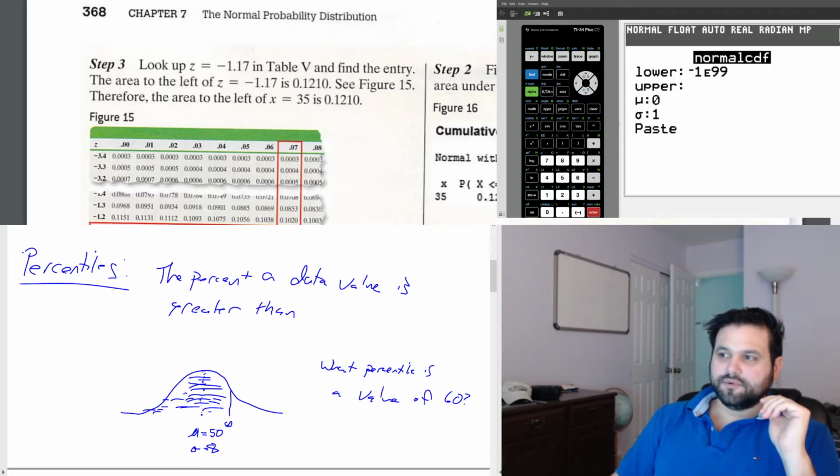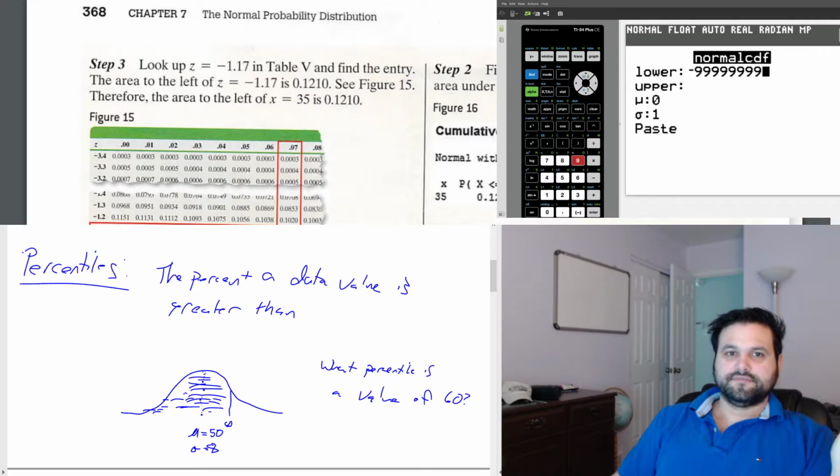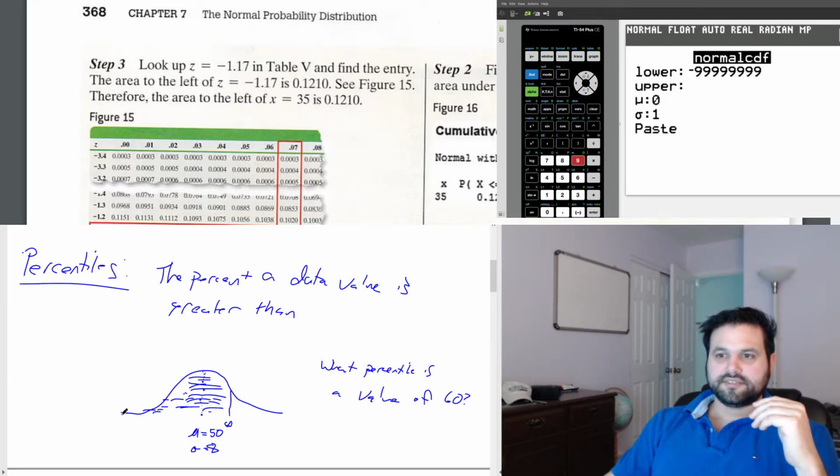It defaults to -1 times 10 to the 99, which is a huge negative number, right? If that's there, great. I don't necessarily need to use that. But what I do use is I just put in -99999. I just type in a bunch of 9s, right? Because that is going to represent all the way over here, all the way to the left.